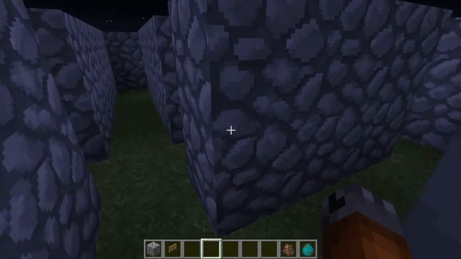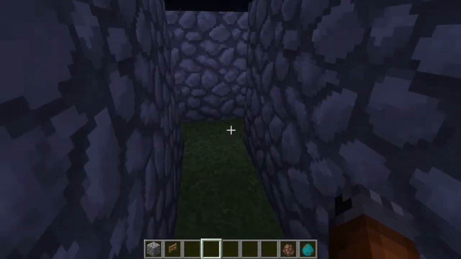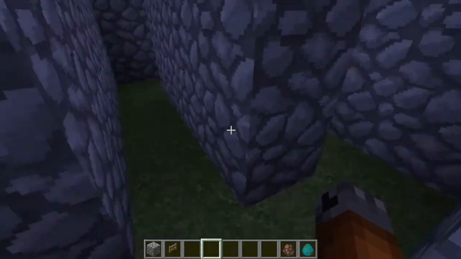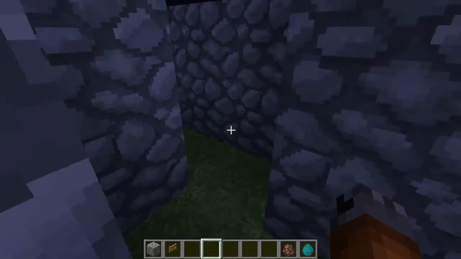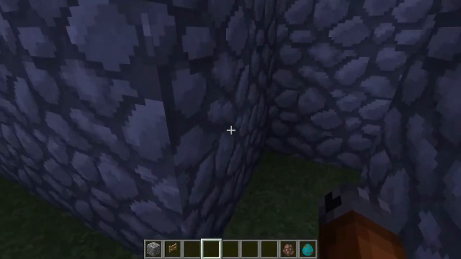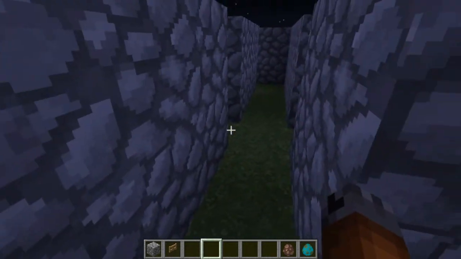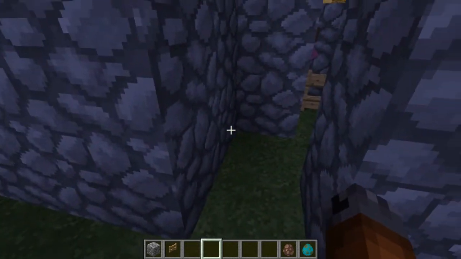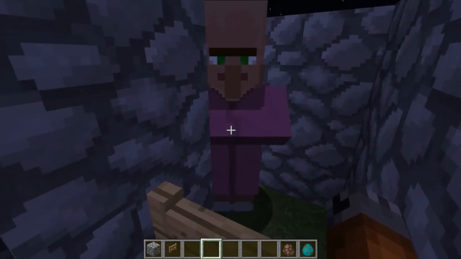So we'd always take the right-hand rule. If we follow the right-hand rule here, that's a dead end. We hear something over here. That's a dead end. Did we go down this way? I don't remember. I need to be marking these. Aha! We've discovered a villager here.